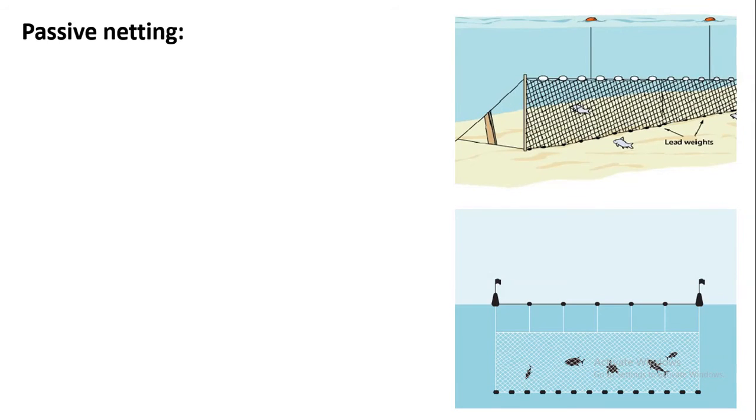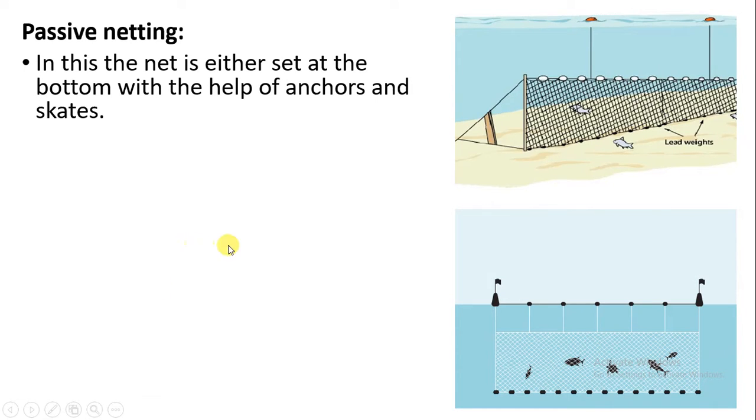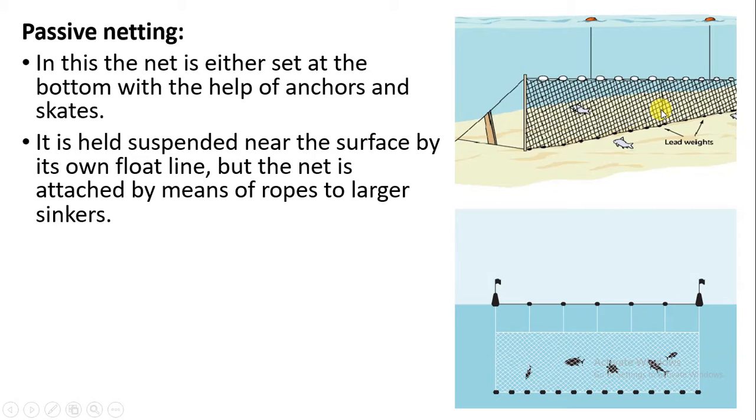Further, here we are going to talk about now the passive netting. ये जो passive netting है in this net it is either set at the bottom. इसे या तो bottom में लगाया जाएगा and as it is in the bottom it is going to be fixed with the help of some of the anchors and with the help of this, here you can see these skates. These are going to support this net and it is also suspended in the water.